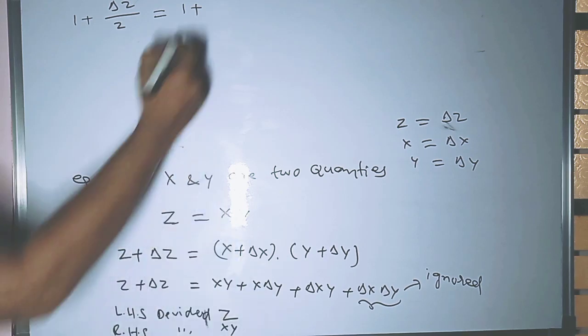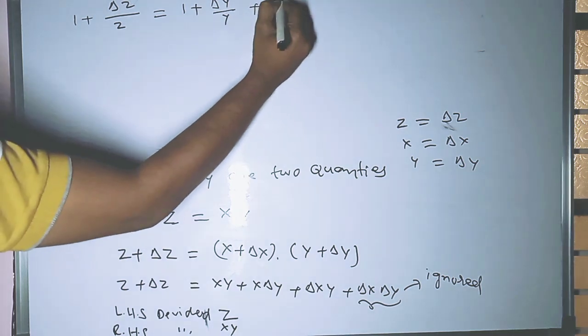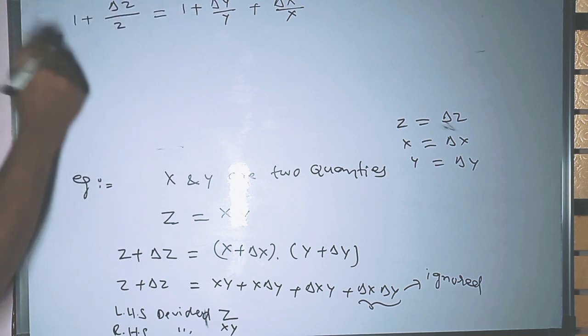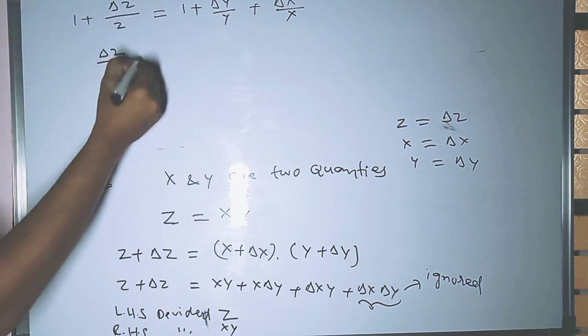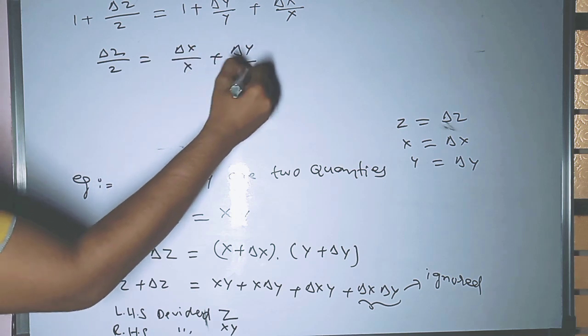So x cancels, and we get delta y by y plus delta x by x. So therefore 1 gets cancelled. Delta z by z is equal to delta x by x plus delta y by y.